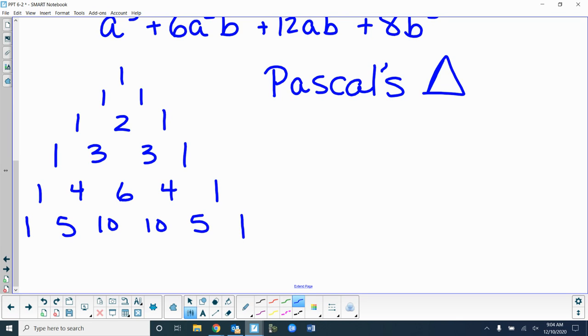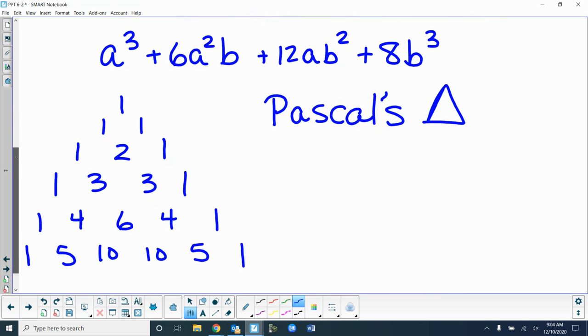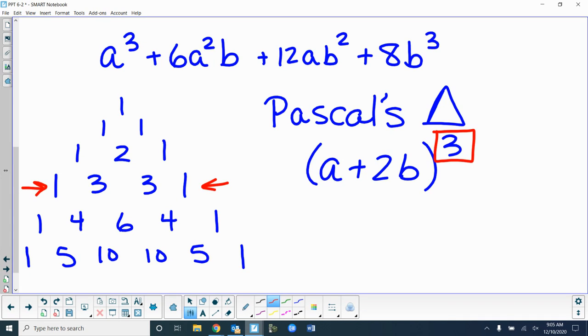All right. So this problem we just did was a plus 2b cubed, right? So I'm going to do the same problem using Pascal's triangle. Okay? Since my exponent is a 3, I'm going to use the row that has the 1, 3 in it.